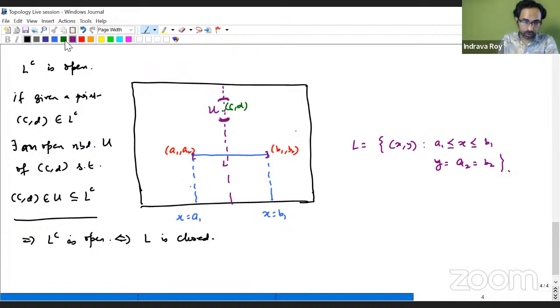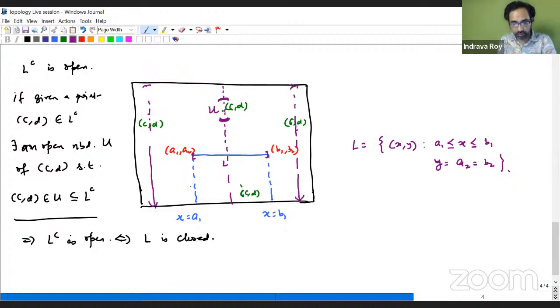Of course you can do this for other points as well, right? You can take a point here, you can take a point here, you can have these points anywhere you like, and depending on where you are, you can take either the whole vertical line segment. In this case, you can also take the whole vertical line segment. You can take it smaller, bigger, it doesn't matter for this case.